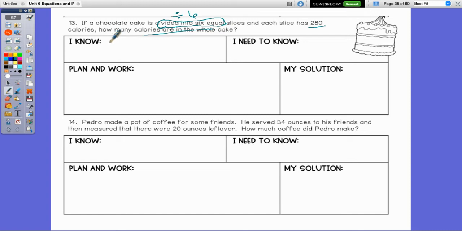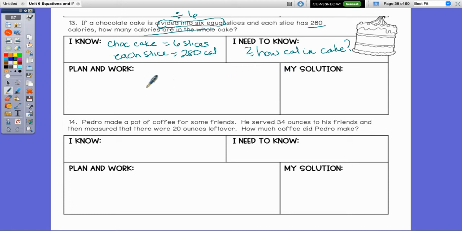So the chocolate cake has 6 slices. Each slice is 280 calories. And I need to know how many calories in the cake.